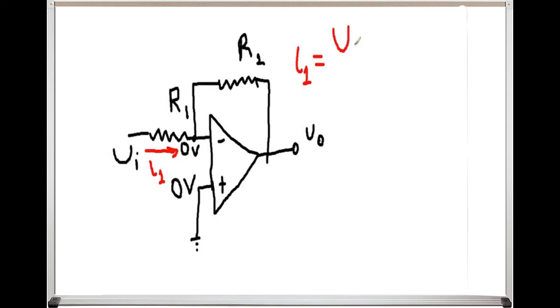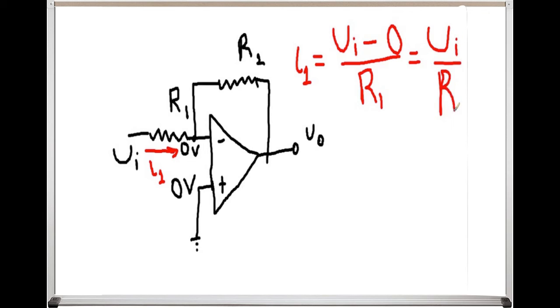From Ohm's law we know that the current I1 that flows through this resistor is equal to V in minus 0 divided by R1, which is equal to V in divided by R1.